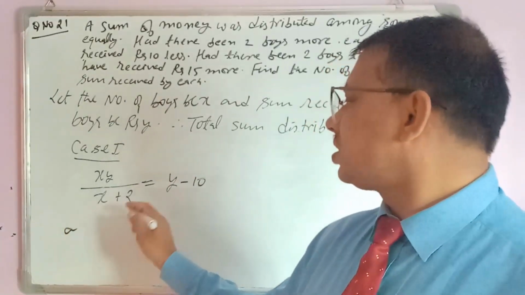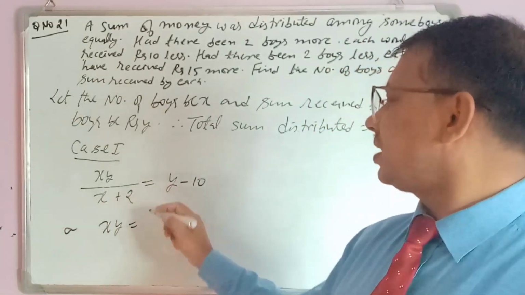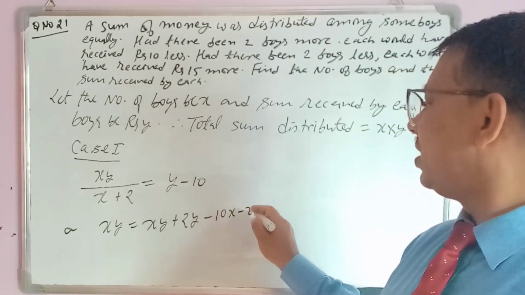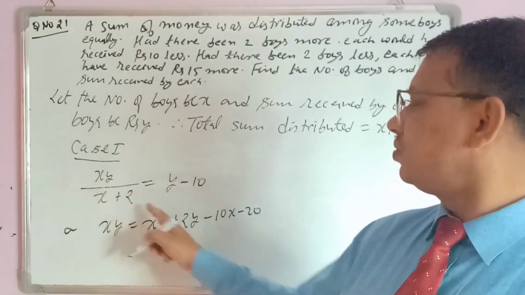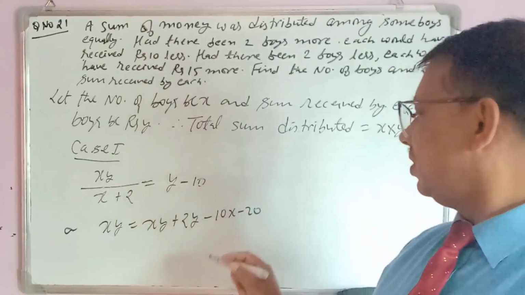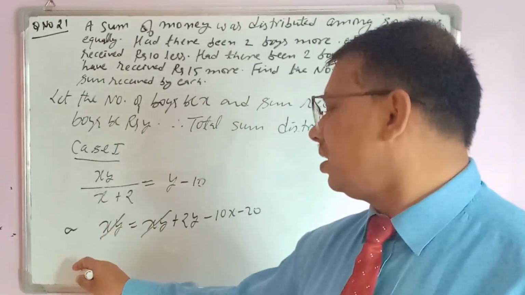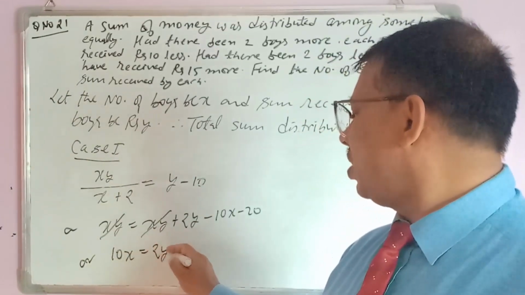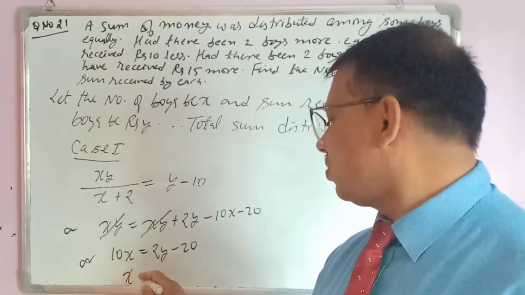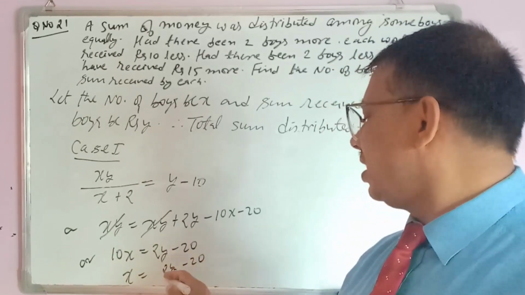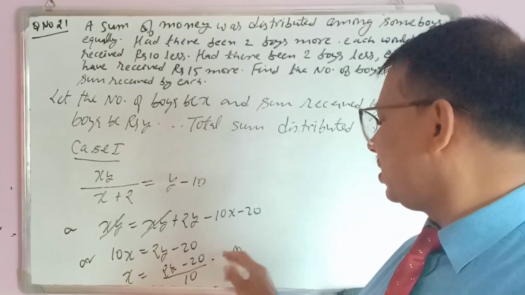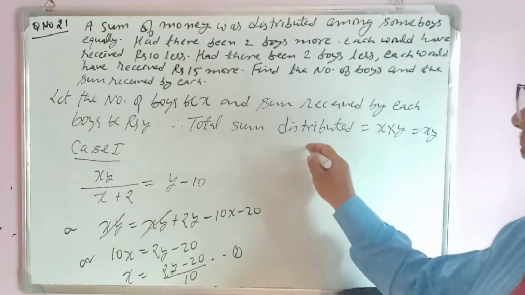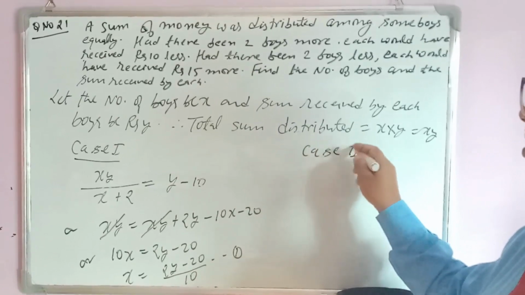Cross multiply: xy equals xy plus 2y minus 10x minus 20. Now xy and xy we can cancel, so 10x equals 2y minus 20, or x equals (2y minus 20) by 10. Equation 1.